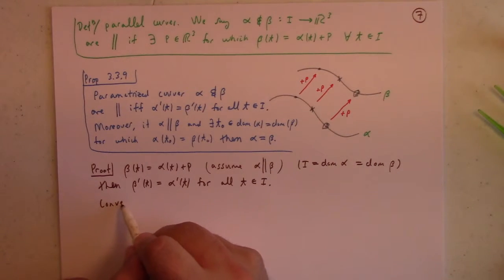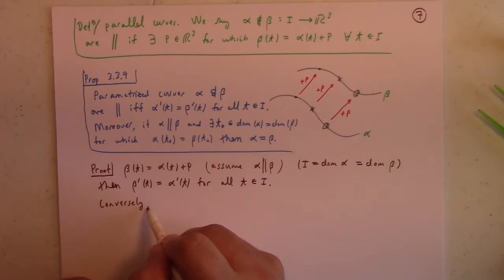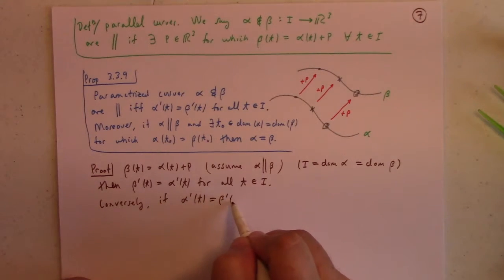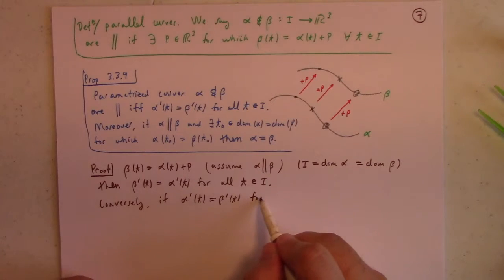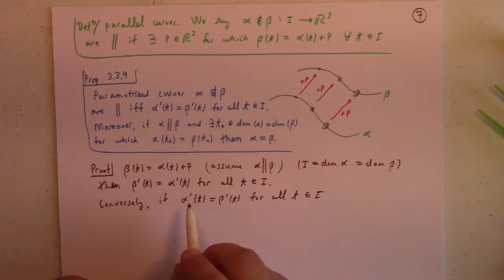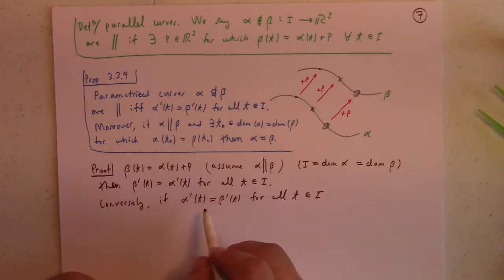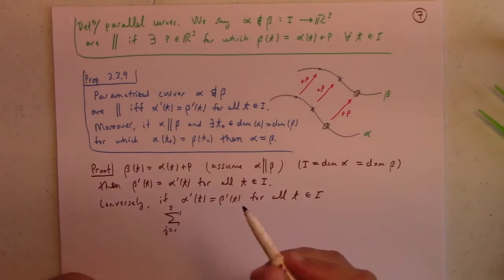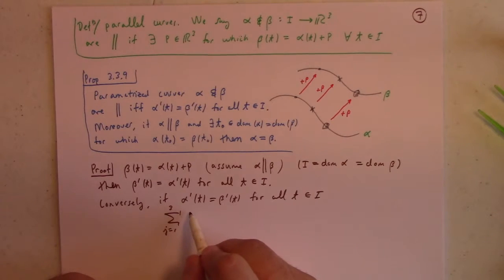Conversely, if alpha prime of t is equal to beta prime of t for all t in I, then what that really means is the sum, j equals 1 to n, well, 3. This can be done in Rn, obviously.